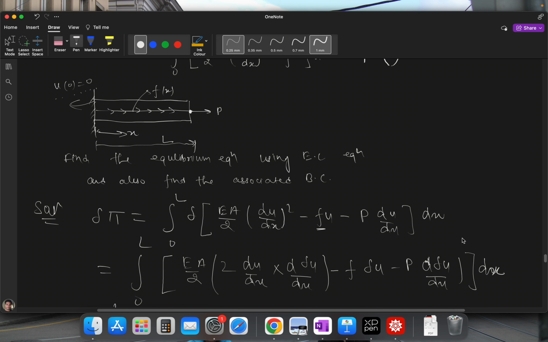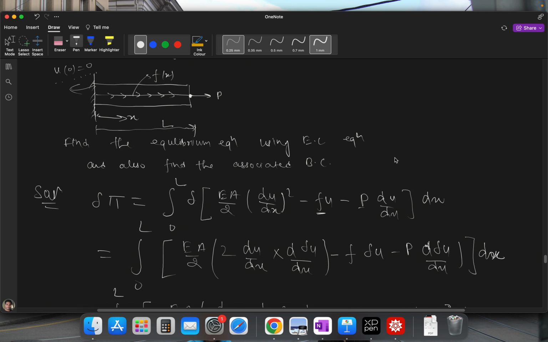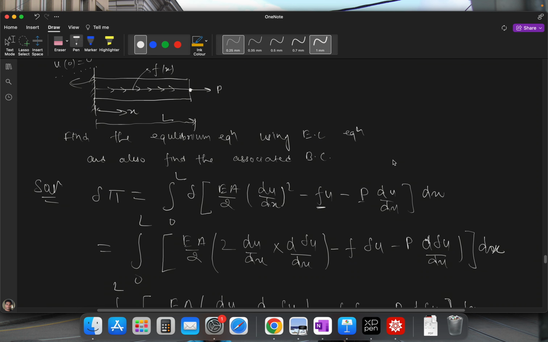This f cannot go outside of the integral, because f is a function of x, but p is independent of x. Remember, when you integrate this, p is a constant, so it will go outside of the integral. Okay, fine.